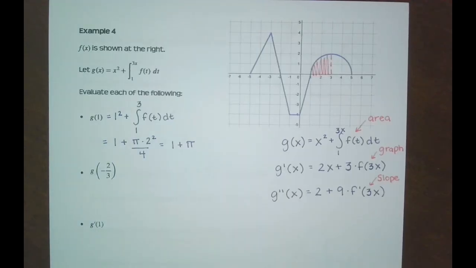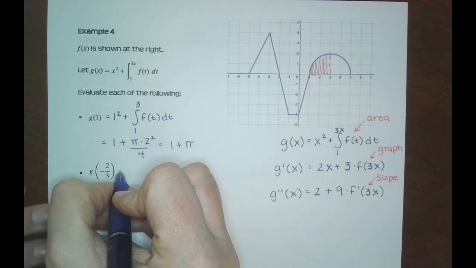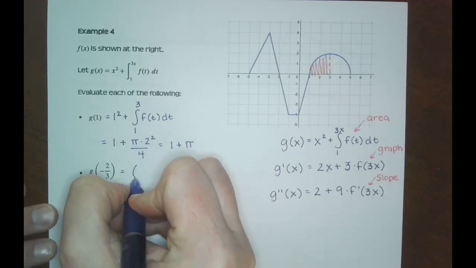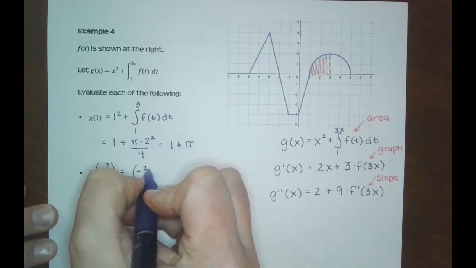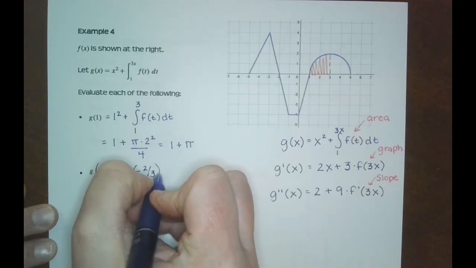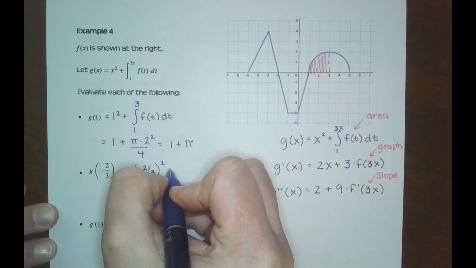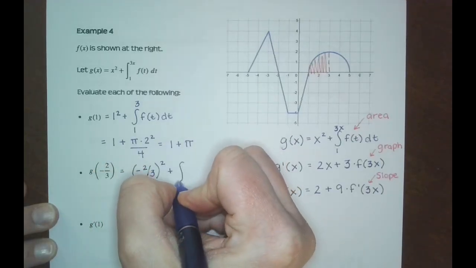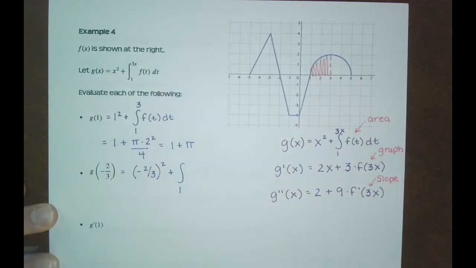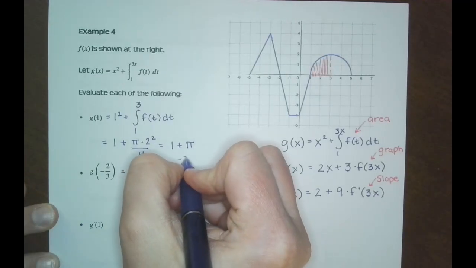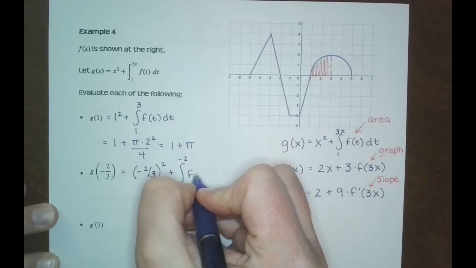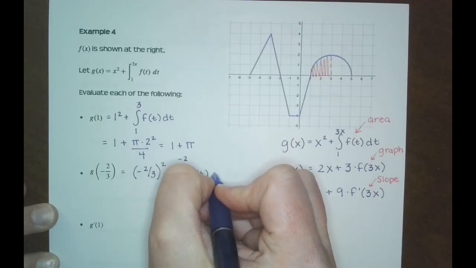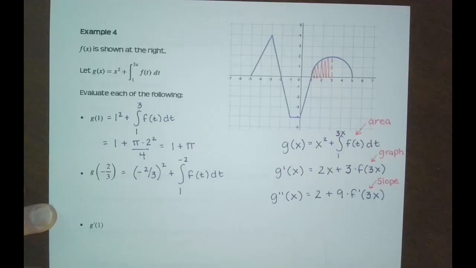Okay, let's try it again with g of negative 2/3. Maybe pause now and see if you can get ahead of me here. Negative 2/3 squared plus an integral from 1. Now 3 times negative 2/3 is going to leave me with negative 2 f of t dt.